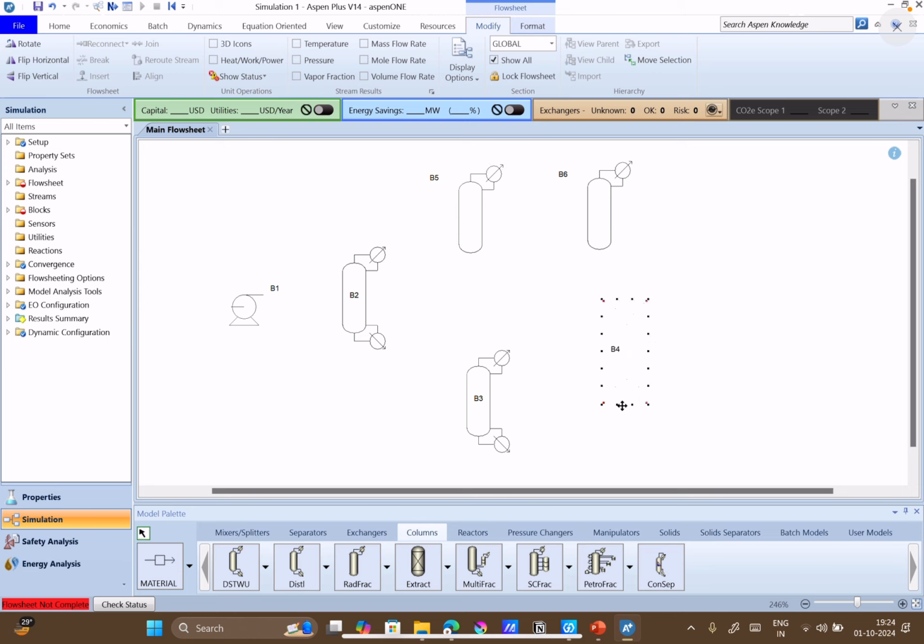Now let's connect all the streams. So we have the feed going to the first distillation column. Top, sorry, this is the bottom. From here we will get one distillate. I'm not able to connect the bottom product.